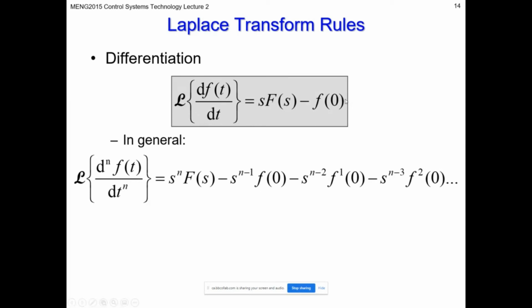So in the first derivative, you just have one initial condition term that you have to take into account. But if you go to higher derivatives, you basically have a similar looking function here, but your s term is raised to the power of n times the same f of s minus a set of initial condition terms.